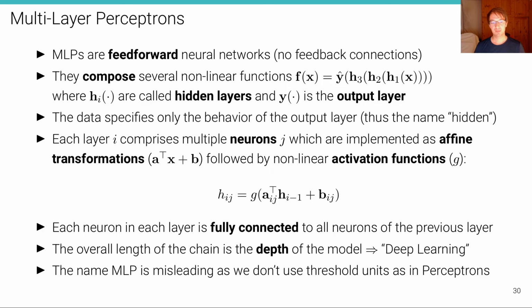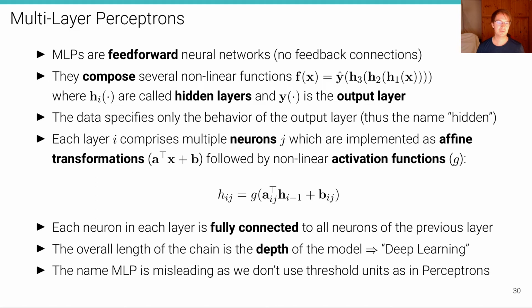However, I personally find the name multi-layer perceptron a bit misleading, as it's used for modern neural networks that are trained with backpropagation and that have differentiable, continuous nonlinear activation functions. And this is in contrast to these threshold units that are not differentiable, and they were used in the perceptron algorithm.